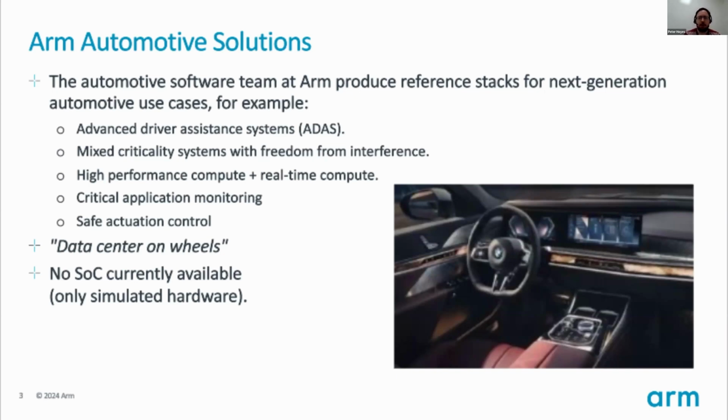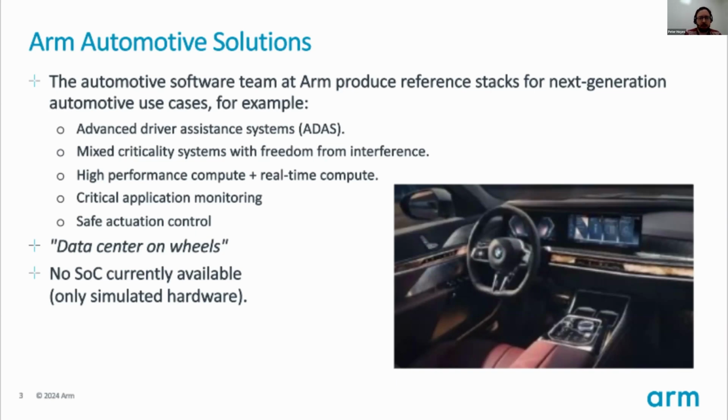Therefore, Arm's vision for the future of cars is this idea of data center on wheels, and by that we mean high performance compute cores, largely borrowed from server IP, which we combine with real-time safety features and also a secure root of trust. So it's the best of both worlds. You have safety and performance all in the one SoC.